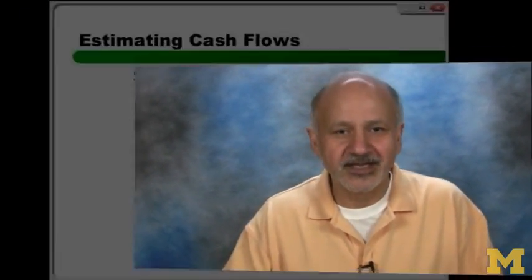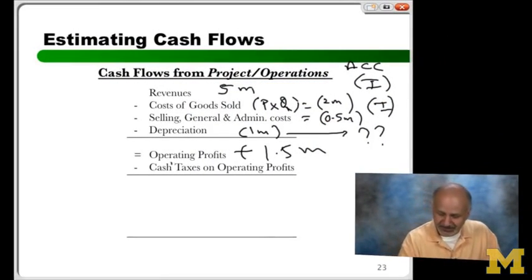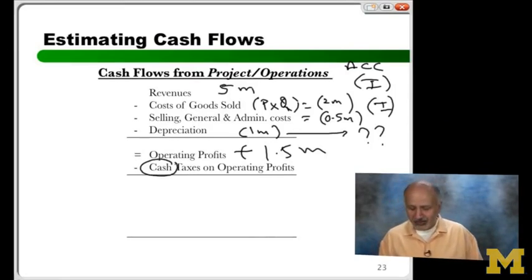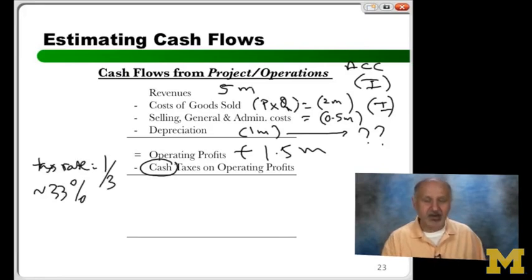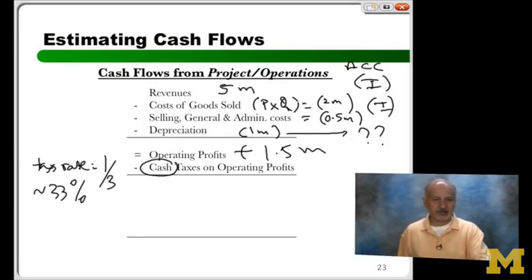So now what's the next item? Taxes. And remember, what am I emphasizing in taxes? Cash. So I'm going to assume for convenience that your tax rate is 1/3, or about 33%. Why am I choosing this? Because it makes my life simple.